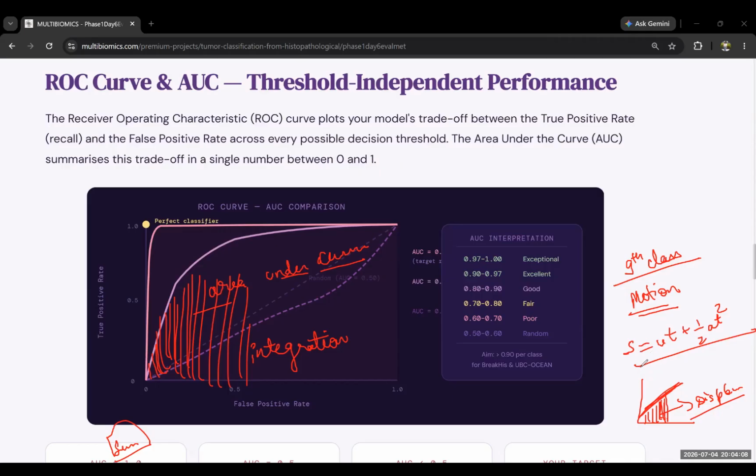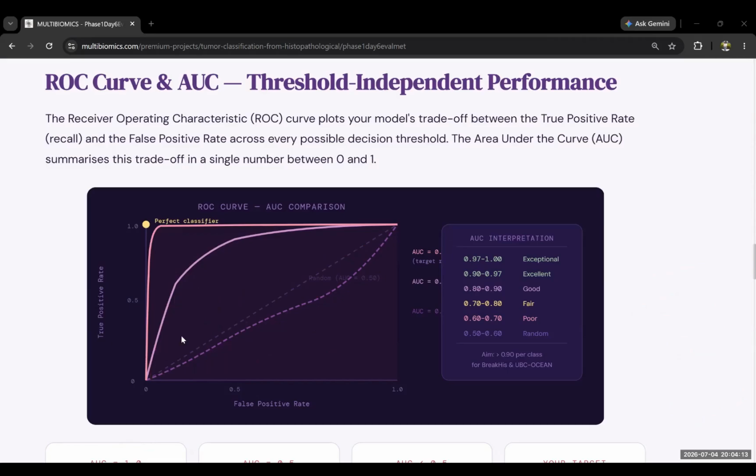So not only the values of the curve are important, but also how much area is enclosed in the curve, and this you are getting by integration.